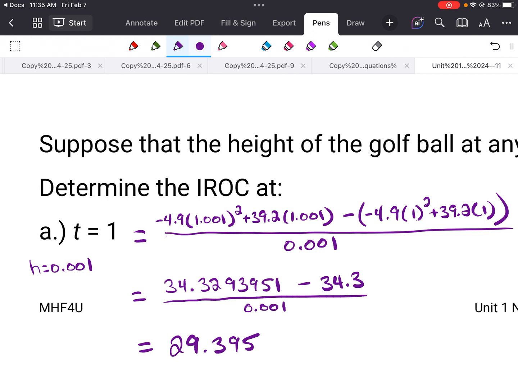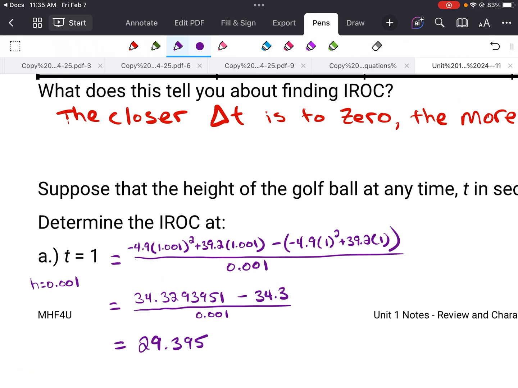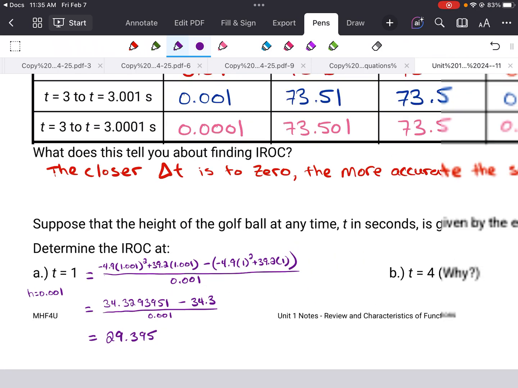Okay, why did I use so many decimal places? Sometimes the difference in the two when you're using IROC will be so small that maybe it's just the 5th decimal place that is off. Everything else is identical. So you want to use as many as you can. I mean, don't go crazy with it. But yeah, we want to be as accurate as possible.